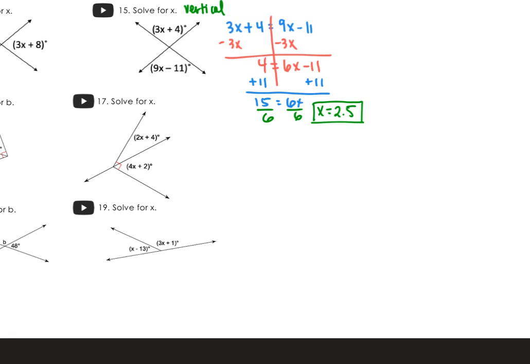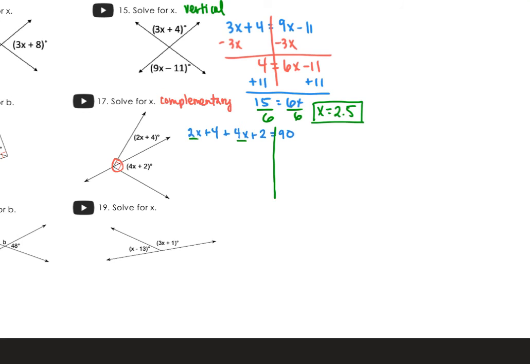All right, number 17. These angles are complementary, and I know that because of this right angle right here. So to solve, we're going to add them together and set it equal to 90. So 2x plus 4 plus 4x plus 2 equals 90. And now we're going to solve.